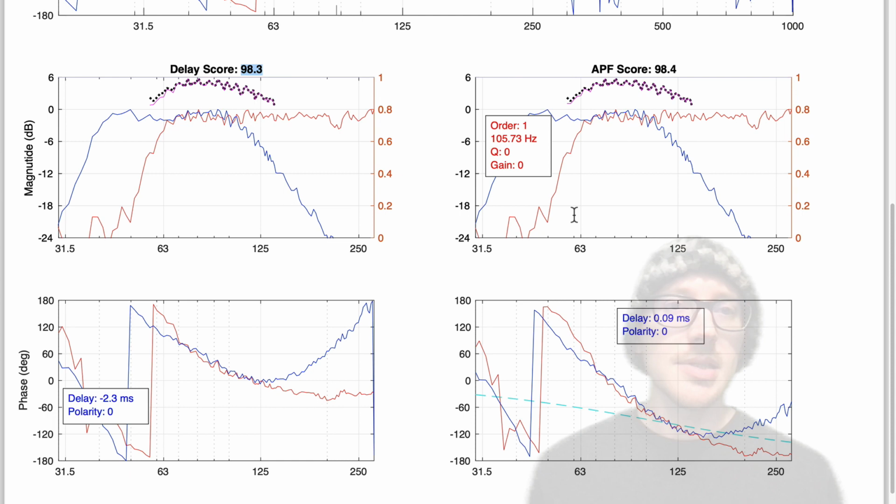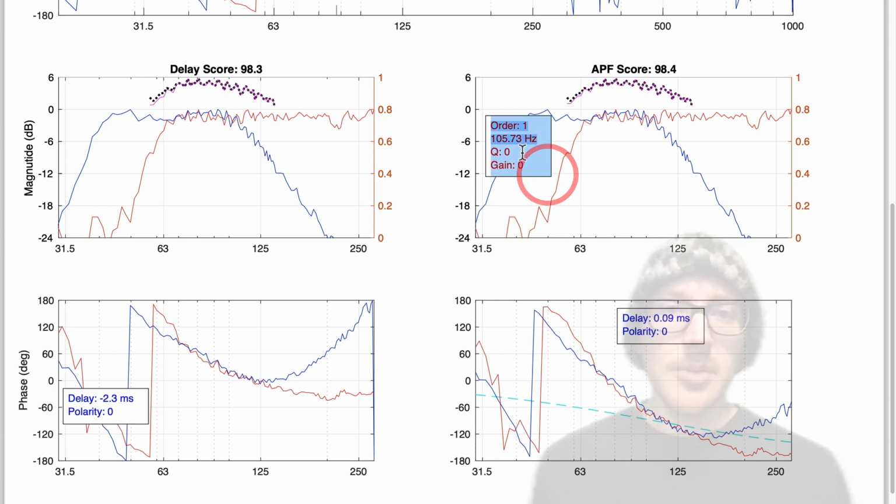So Subaligner says, if you put a first order all pass filter on the main, and you know it's the main because it's red, that's how I've done this legend, red is for main, blue is for sub, and you put it at 105 hertz, so that's what I was guessing, right? About 100 hertz.